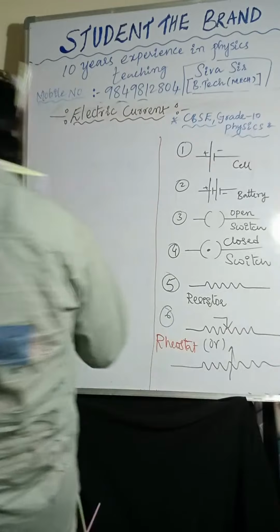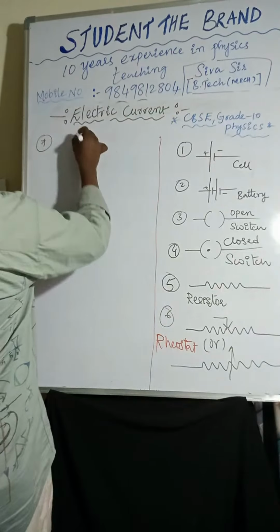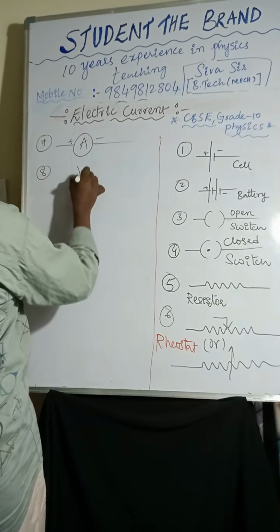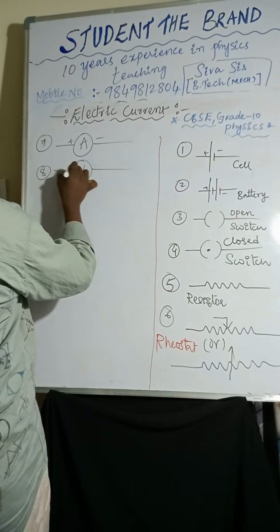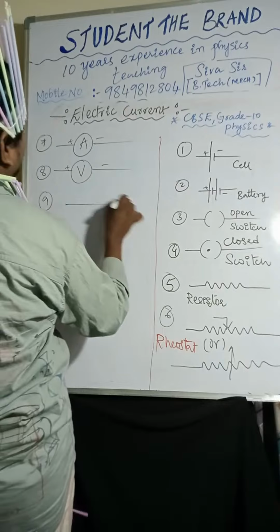Seventh one, ammeter. Eighth one, voltmeter. Ninth one, wire joining.